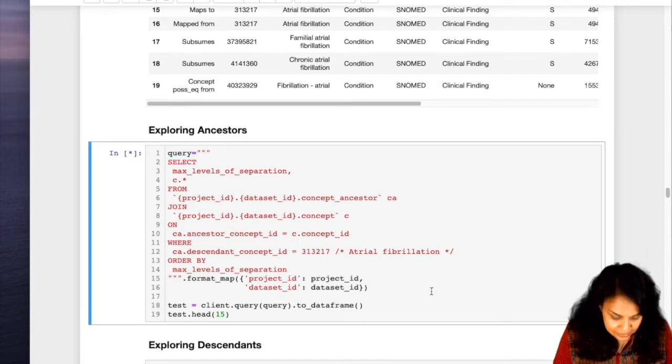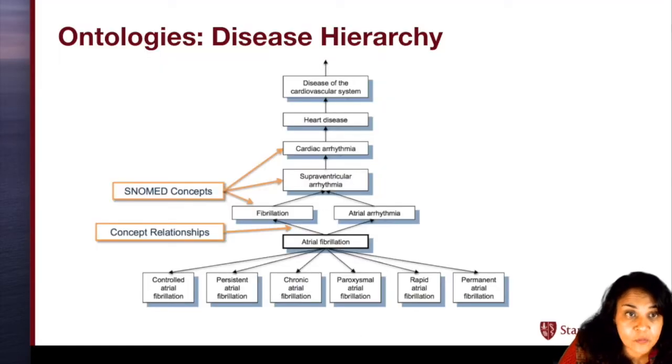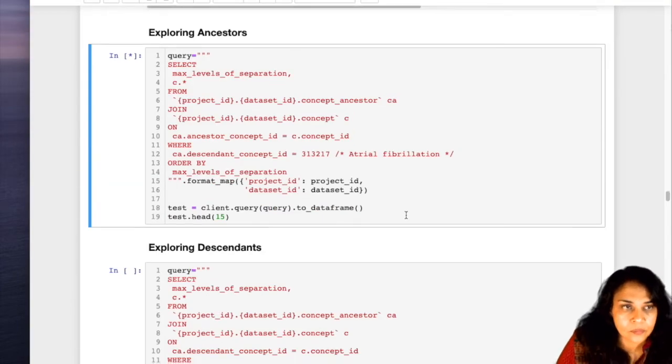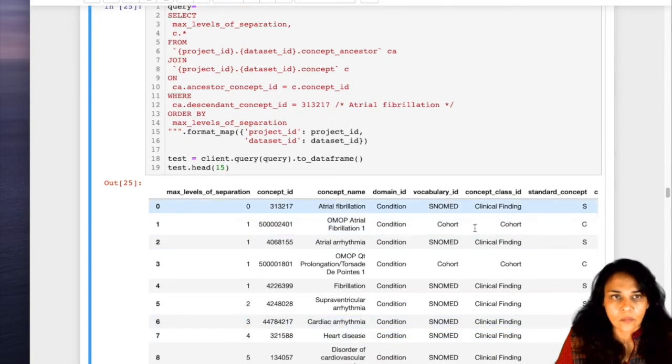So if we go ahead and do that, this in theory should really give me these. So let's see if it does that. Okay, so you can see these are the concept IDs and these are the concept names of all the ancestors of atrial fibrillation.